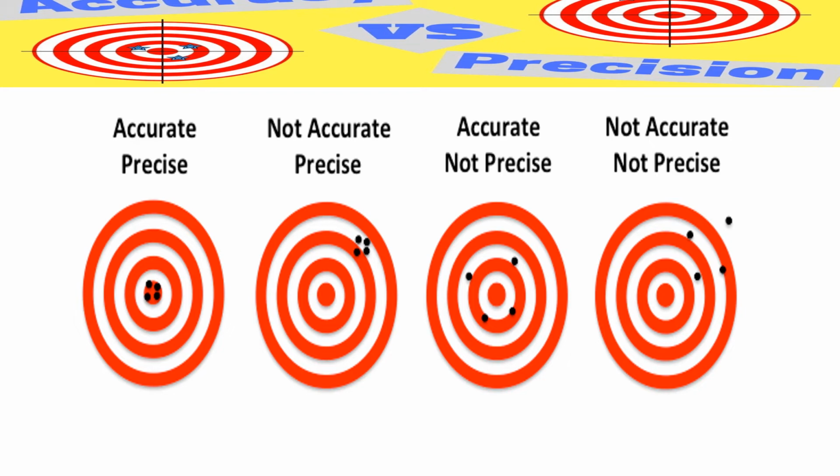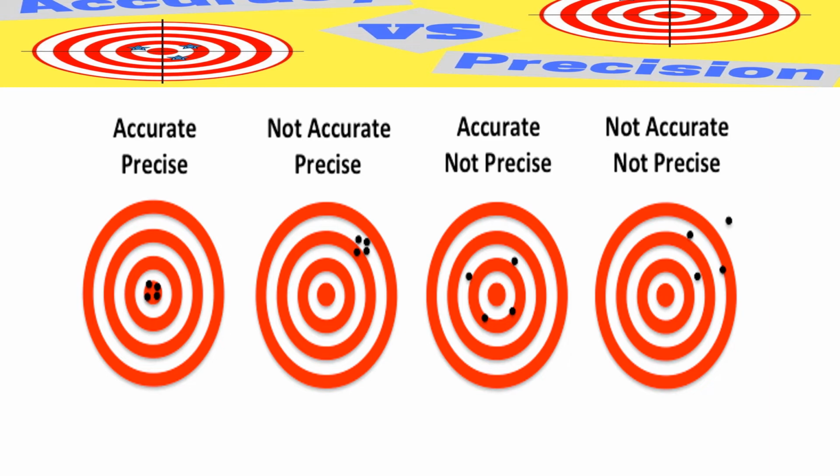Because they are at the center of the bullseye, they are accurate. Now look at the second bullseye. It is clustering at the same place. That means they are precise, that is reliable, giving the same result on repetition, but not accurate. That is, it's not valid because it is far away from the center.